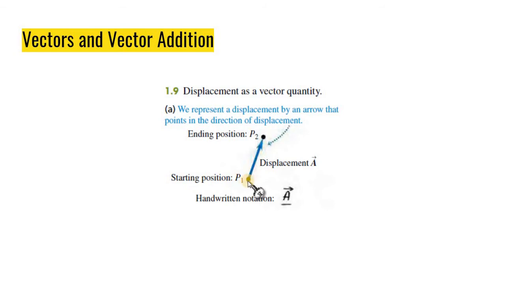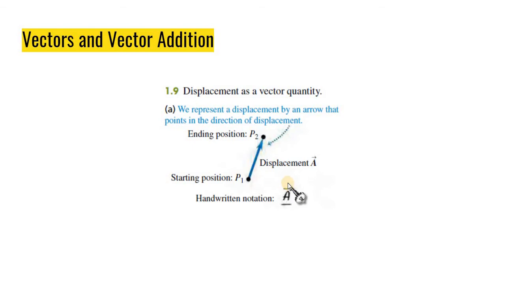From P1, the point moves to P2, its ending position. The displacement is called big letter A with an arrow above it. That's the handwritten notation for displacement.